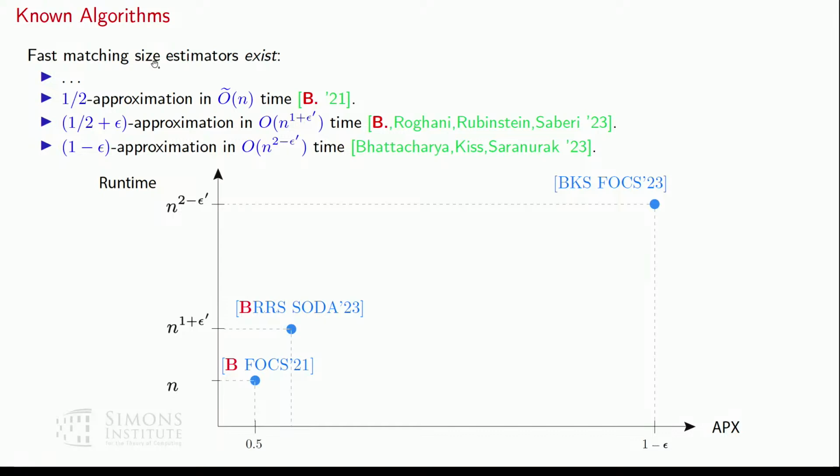You can get slightly better than half and slightly worse than n time. This was a joint work with Aviad, Mohammad, and Amin. And in a nice result this past Fox, Cheyenne, Peter and Tachapon showed that you can get, in subquadratic time, a 1 minus epsilon approximation. All right. So this is the state of affairs for this problem on the algorithmic side. And today, we will talk about lower bounds. Okay?